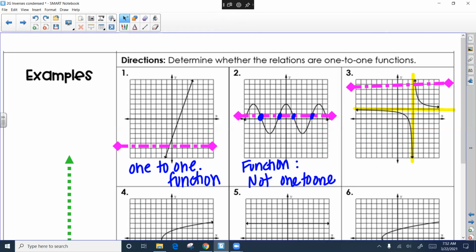If I put a horizontal line anywhere on the graph, it is only going to cross once. So this one also is one-to-one. Even here, the graph won't cross at all. It doesn't cross more than once. Sorry, my line's not very straight, but you get the idea. So number three is a function, and it is one-to-one.